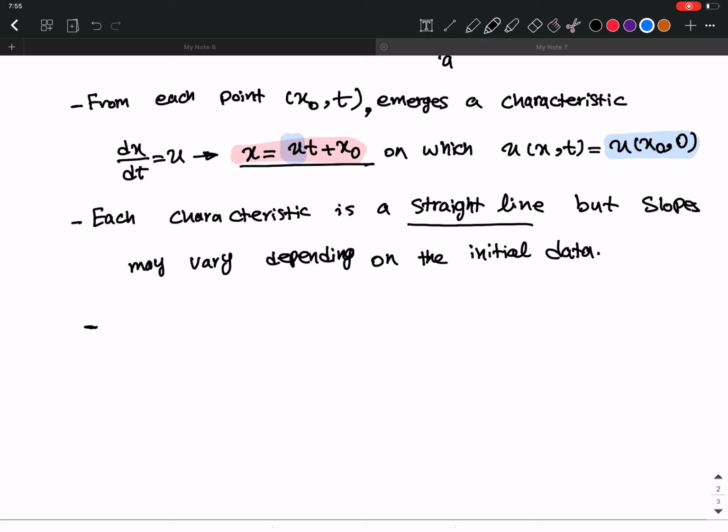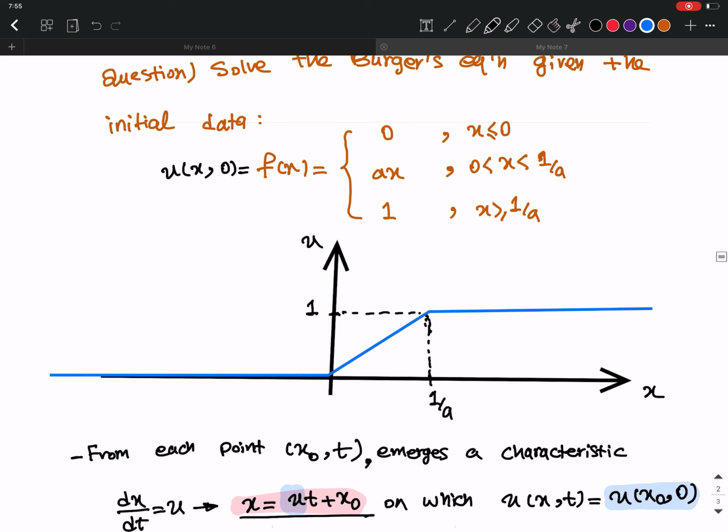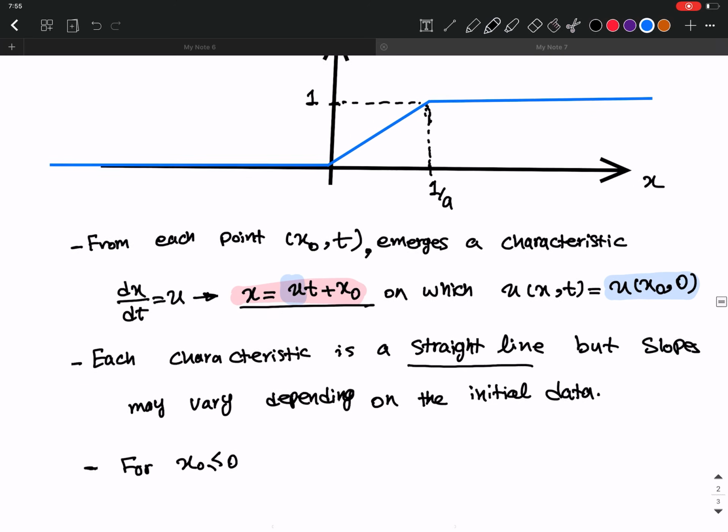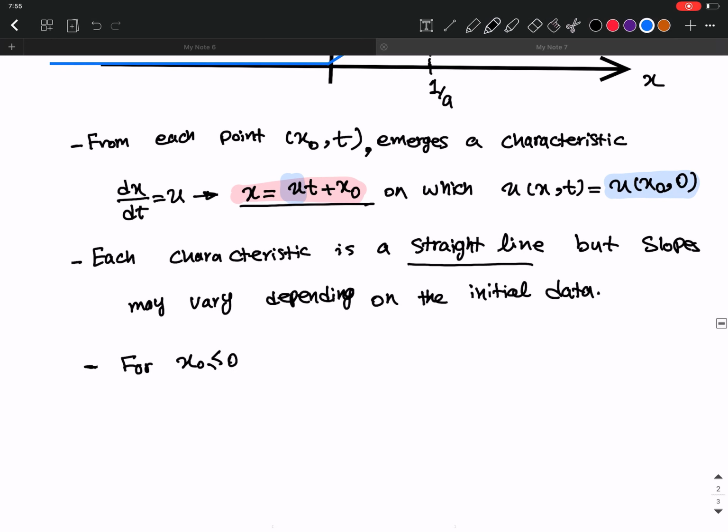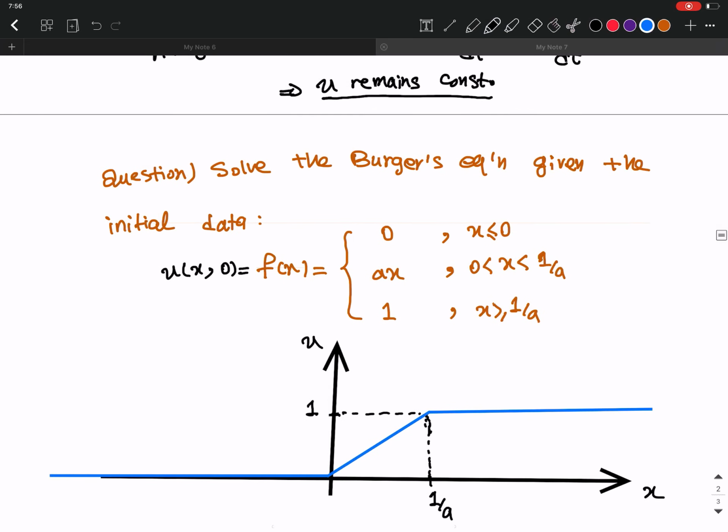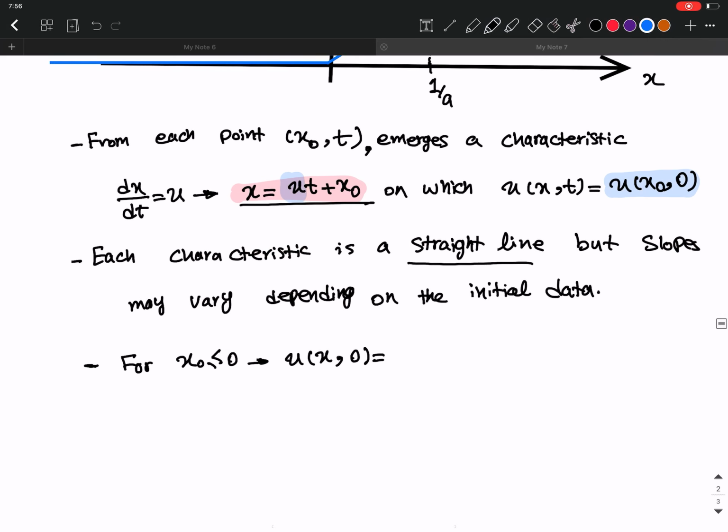I can say for x0 less than 0, your initial x at time equals 0, then u at x and 0 is going to be 0 if x0 is less than 0.